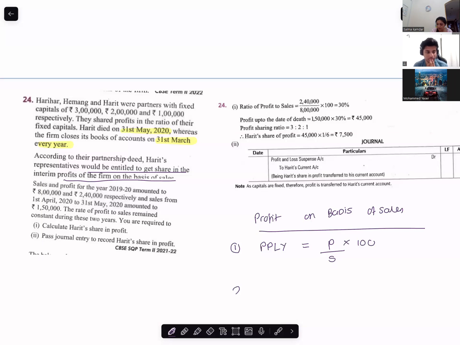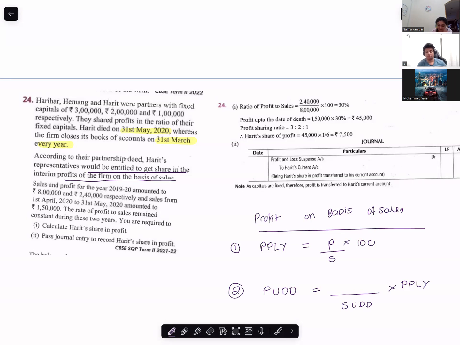Then in step number 2, what do you do? Profit up to date of death. How do you get that? Sales up to date of death into profit percentage of last year. Yes, fine.